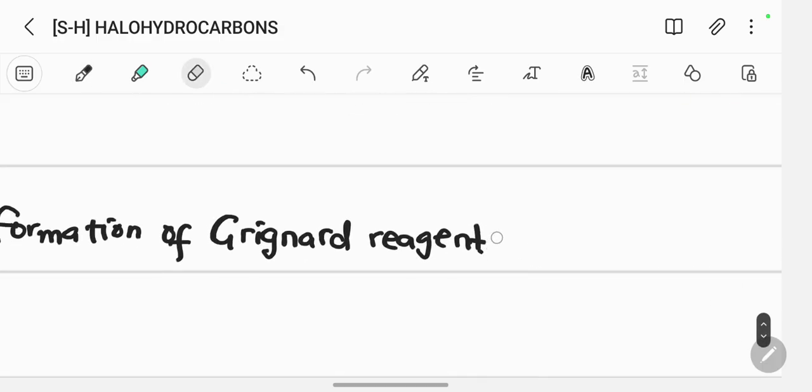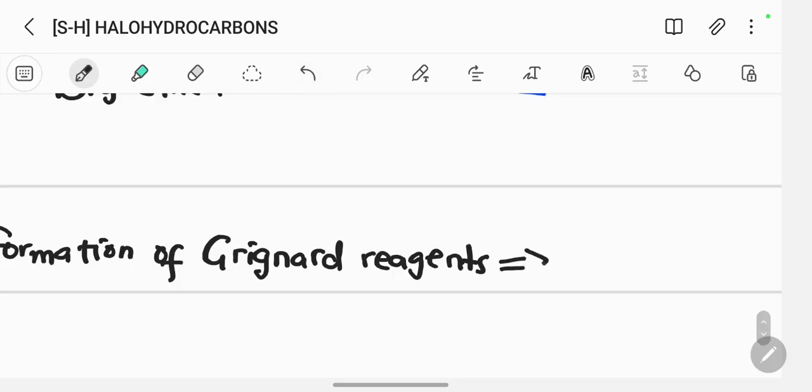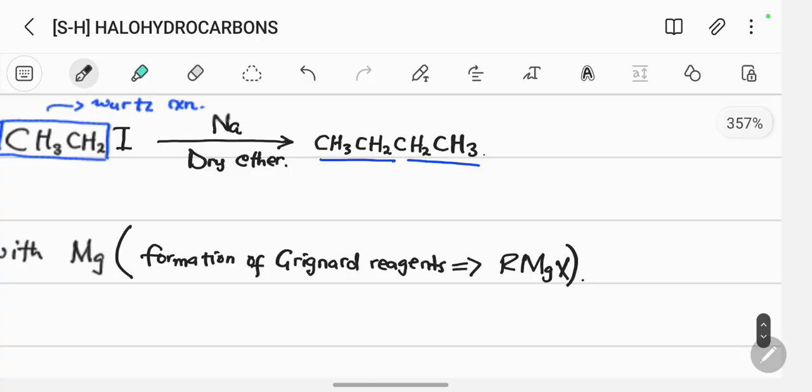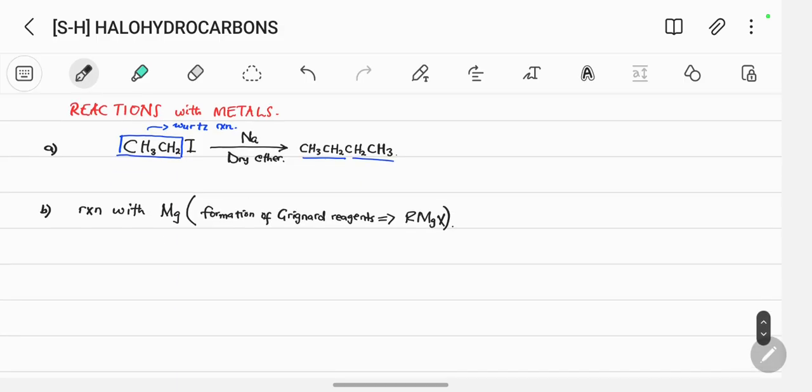For all those that I've covered this, you know very well that Grignard reagents of this kind are magnesium and a halogen at the end. And whenever we talk about Grignard reagents, we have to go deeper into those reactions of Grignard reagent to have some competency there.